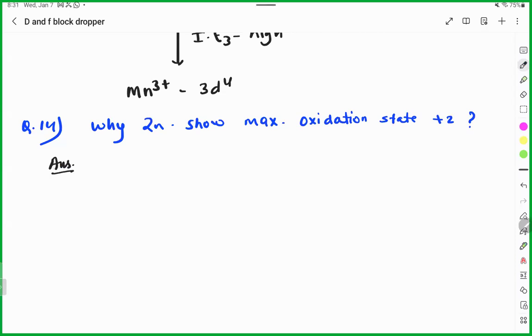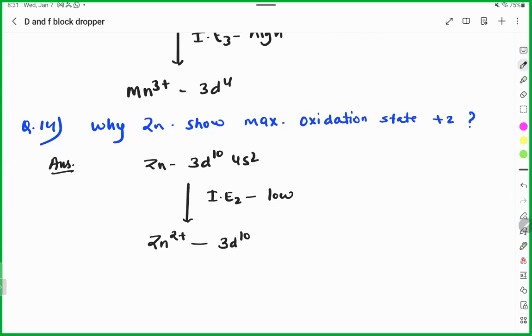Reason is the same, ionization enthalpy. You can remove two electrons from the zinc. Zinc electronic configuration is 3d10 4s2. If you take second ionization enthalpy, it is extremely low. Why? Zinc can easily form two positive ion and convert into 3d10 configuration.